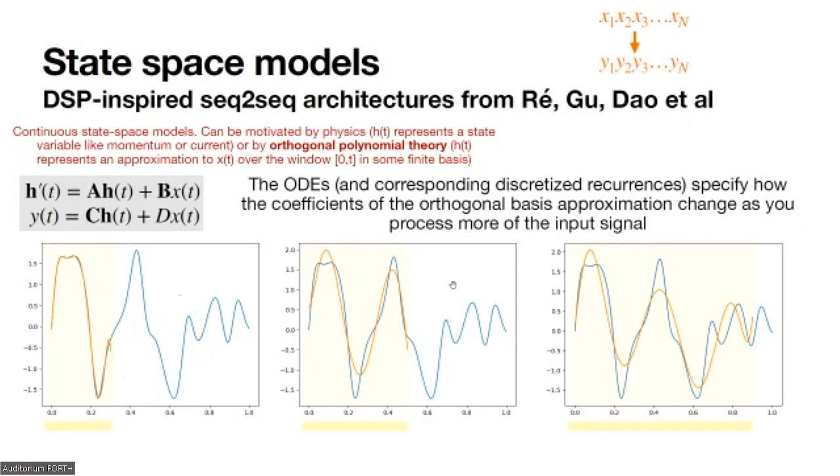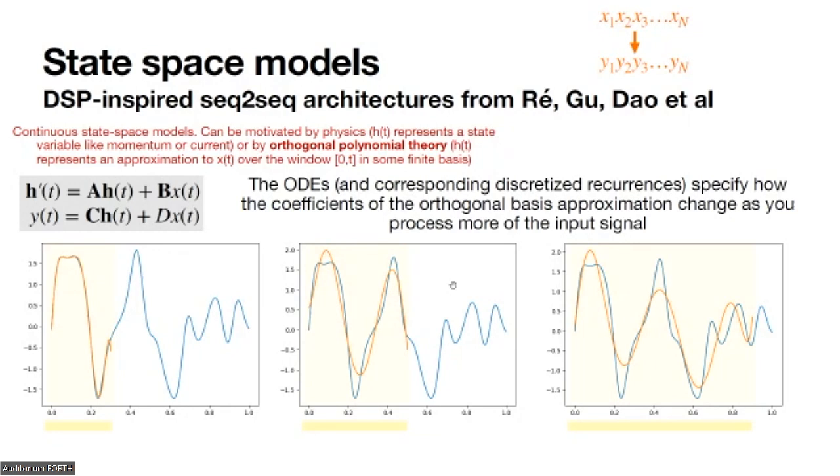I think that the physics system is fine to motivate it initially, but perhaps a more powerful way of thinking about it, and what's closer to what's actually going on, is that there's some orthogonal polynomial basis that you're using to approximate your signal over a finite window using a vector of coefficients. So, for example, this is just a random sinusoidal-ish function in blue. And then the orange lines are the Legendre polynomial fits using up to 8 Legendre polynomials over increasingly broad windows.